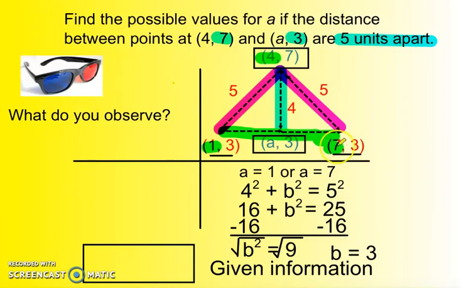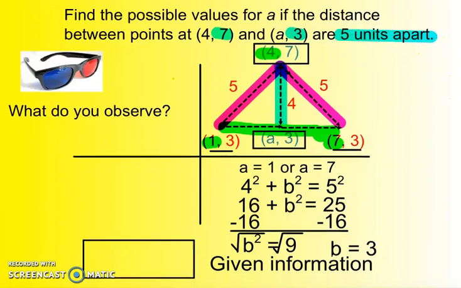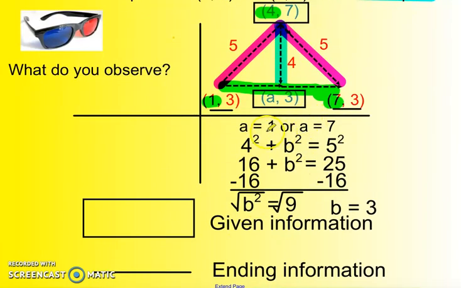So 7 and 3 remains the same. So there are 2 possible values that could be true to make this 5 units apart. One of the values is 1 and the other value is 7. So that's our information. Okay?